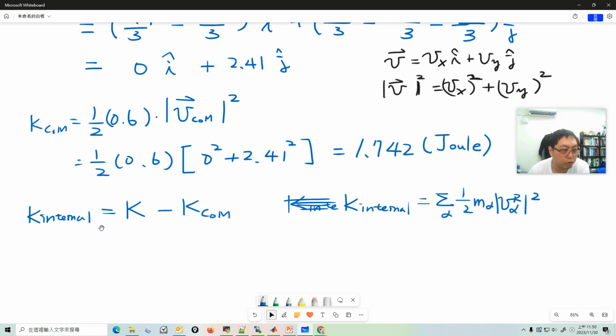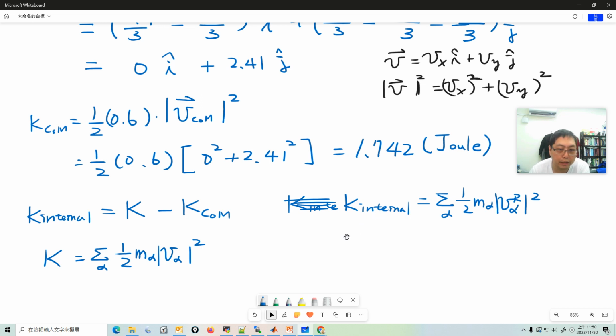If you go from the left, you have to calculate K, the kinetic energy of the system, 1 over 2 m alpha v alpha square. So you can do both ways.